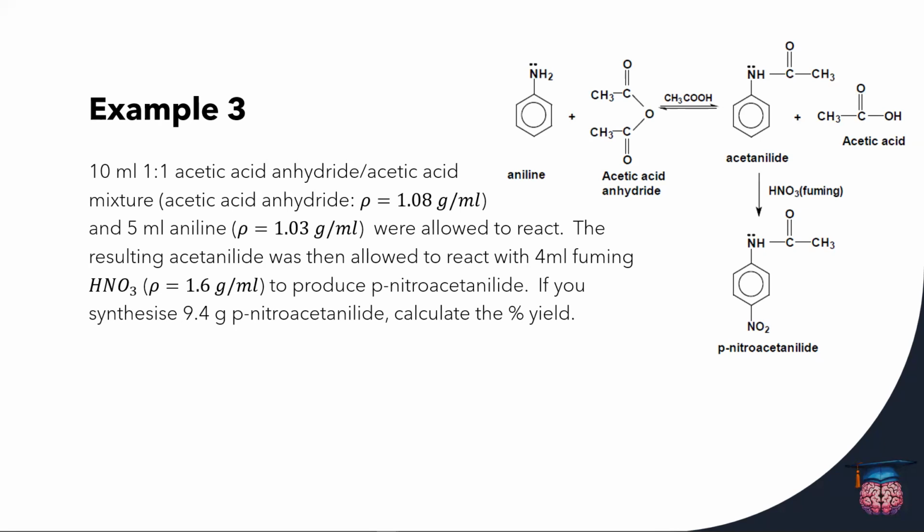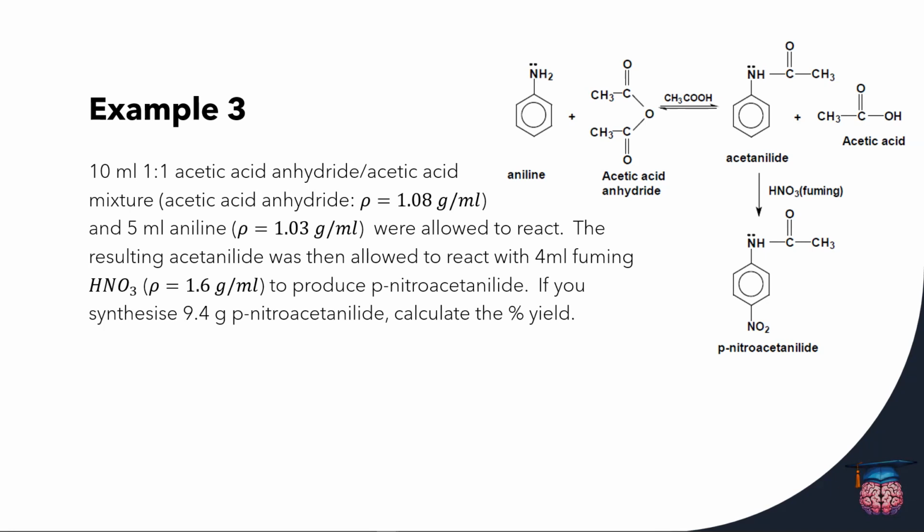So the resulting acetanilide was then allowed to react with 4 milliliters of fuming nitric acid, which has a density of 1.6 grams per milliliter, to produce p-nitroacetanilide. So if we synthesize 9.4 grams of this p-nitroacetanilide, we need to calculate the percentage yield.